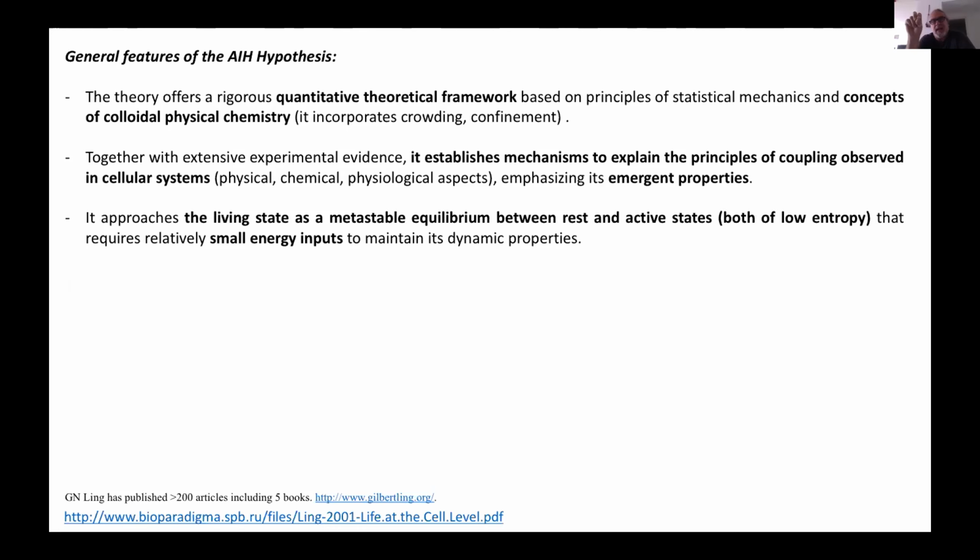Instead of seeing the cell as a stationary steady state, a dissipative process, it will define the living state as a metastable equilibrium between two states. One is the resting, another is the active. And both of these states are low entropy states. And, as another important thing, it requires very small energy inputs to maintain the dynamical properties.